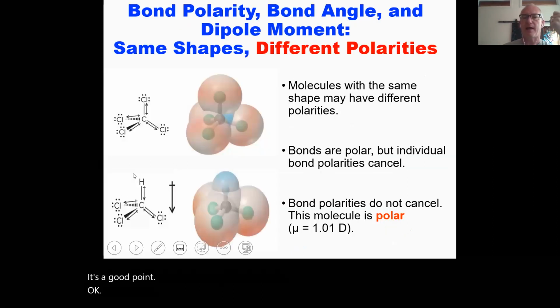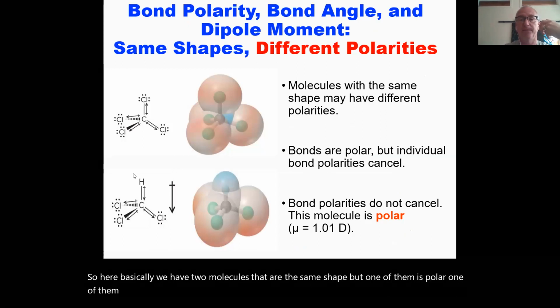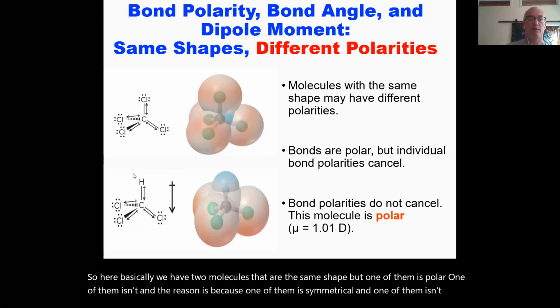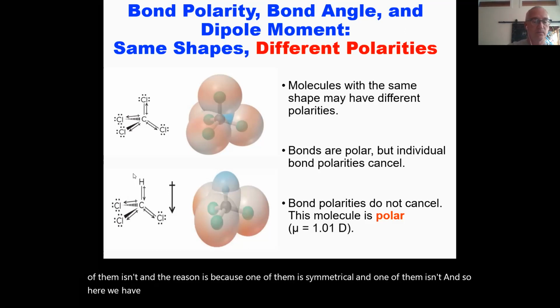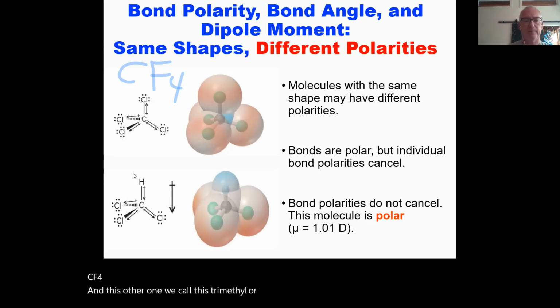So here, basically, we have two molecules that are the same shape, but one of them is polar and one of them isn't. The reason is because one of them is symmetrical and one of them isn't. Here we have carbon tetrafluoride, CF4. And this other one, we call trichloromethane.